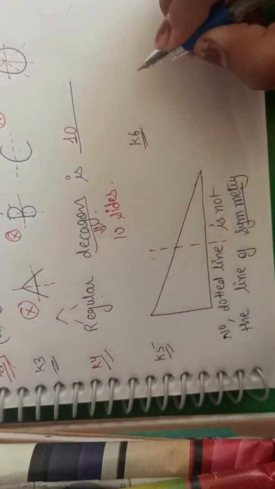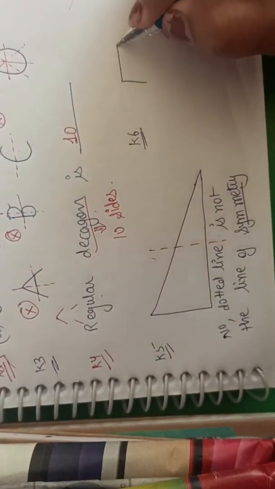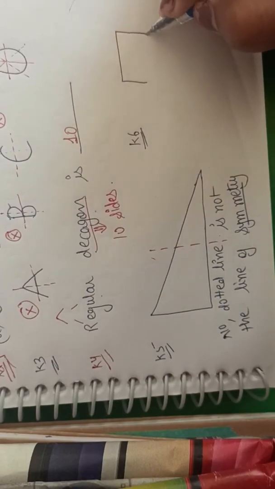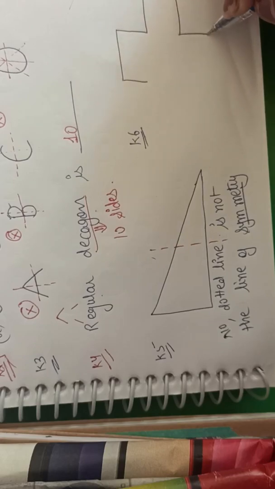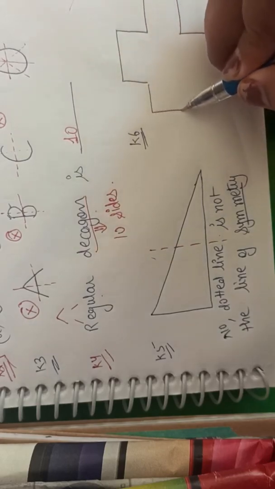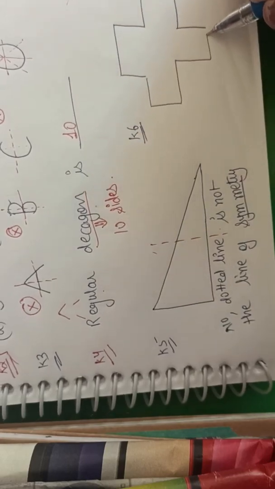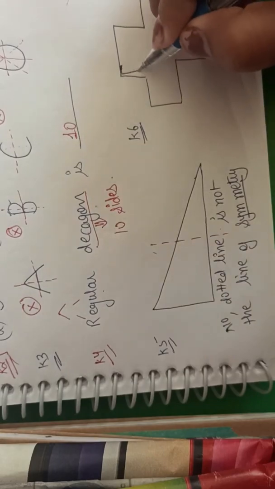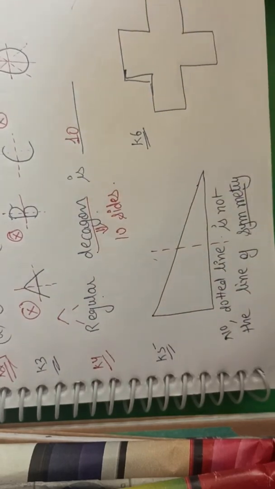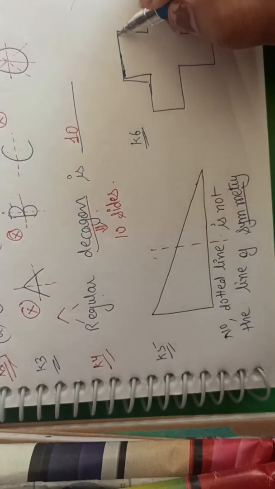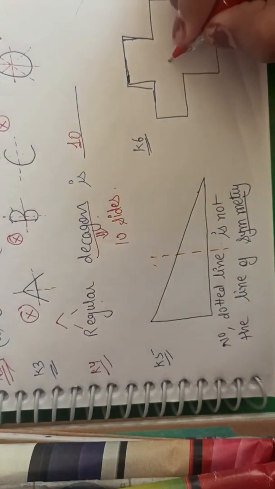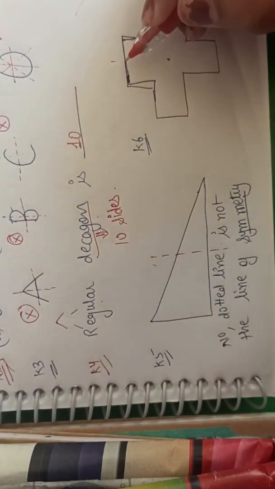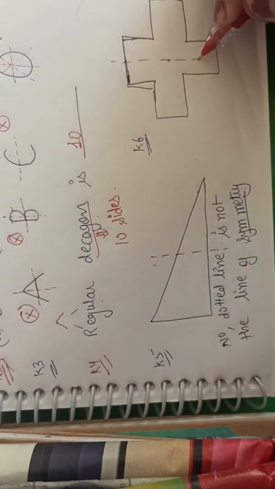Now the next one is K6. This is a type of design which we used right here in this figure. Draw all the lines of symmetry for the given figure. So first of all, you will draw with the help of a scale.